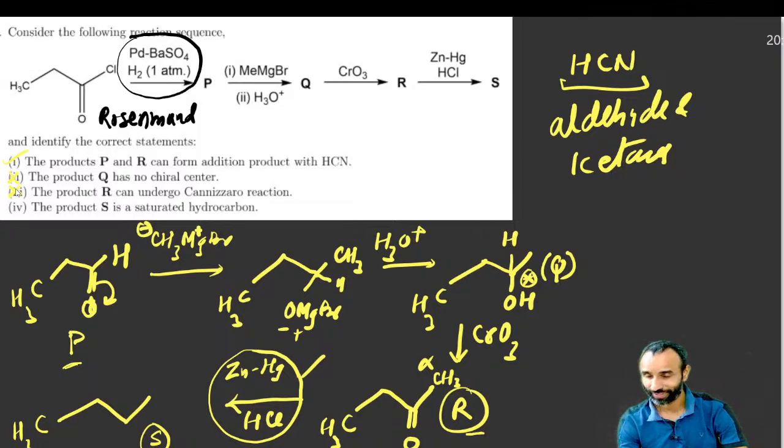Sorry, aldehydes having no alpha hydrogen. Okay, so R is already a ketone, therefore it cannot undergo Cannizzaro reaction. Okay, now product S is a saturated hydrocarbon, right?